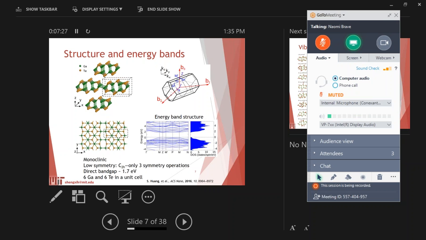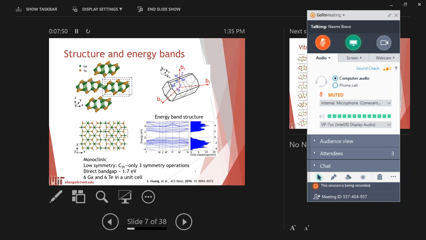And the second symmetry operation is the mirror plane. If you look at it from the top view, you can see there is a mirror plane, and this applies to this structure here. Because we have a 2-fold rotational axis and a mirror plane, we naturally have inversion symmetry. So these are the three symmetry operations.